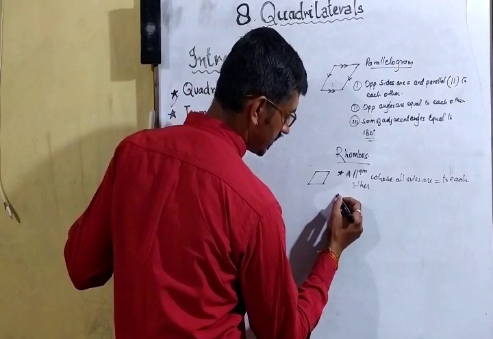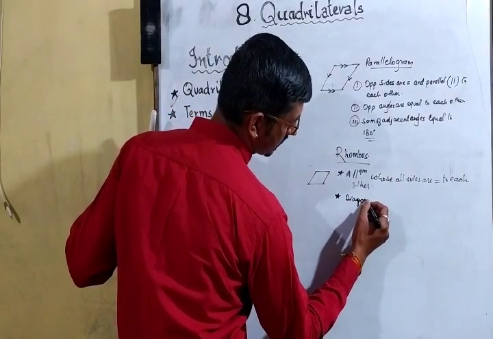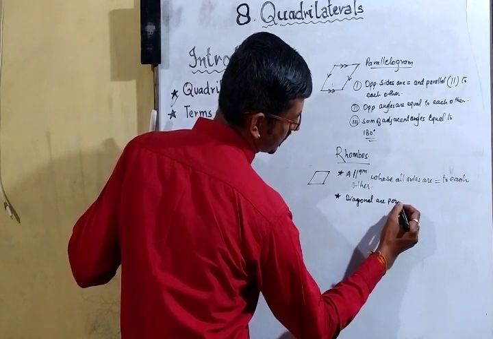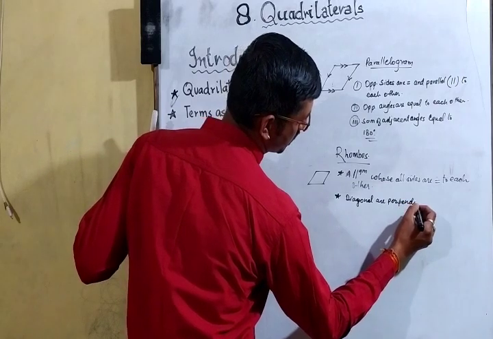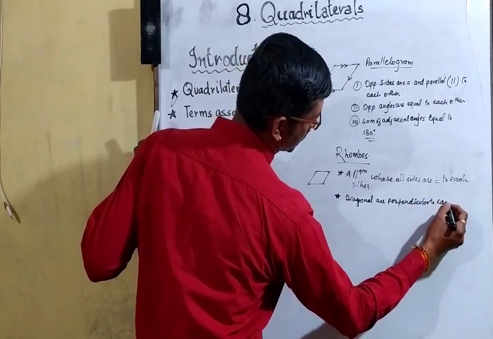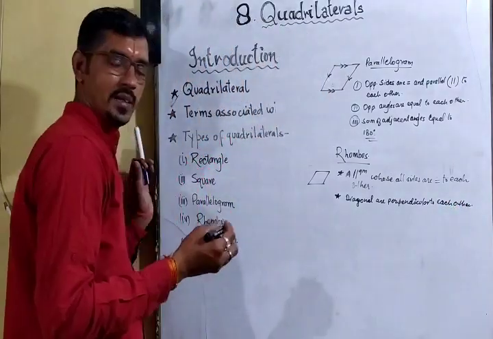Rhombus has diagonals that are perpendicular to each other. So this is the second property.